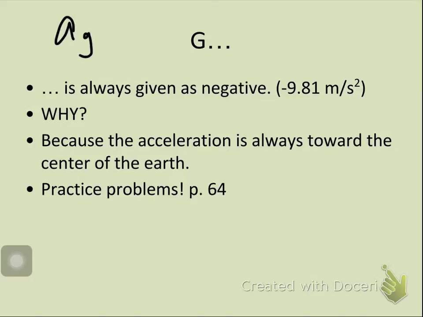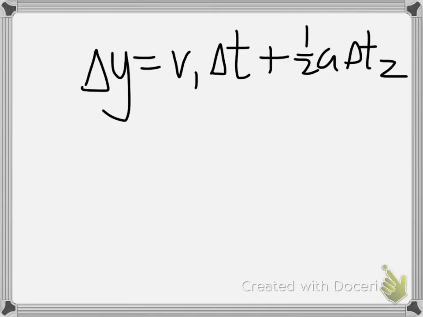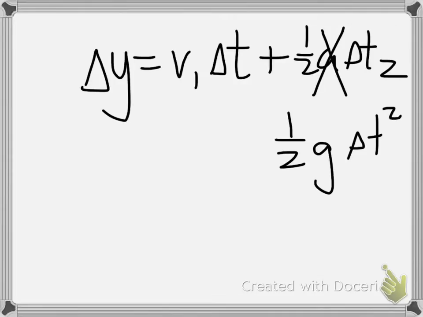One of the things your book does is it takes all of these problems, and of course we're going to swap out the delta x for a delta y, and it says, well, when we're dealing with acceleration due to gravity, it actually changes these problems and says one half g delta t squared. Why is that delta t sub 2? Don't know.